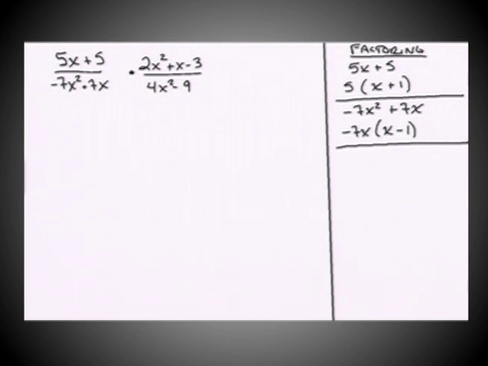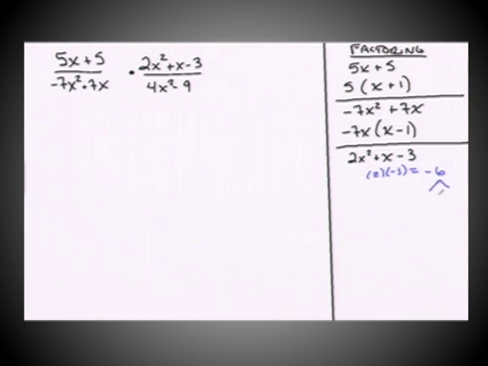Moving on to the second rational expression that we're multiplying with, we have 2x squared plus x minus 3. Okay, so I'm going to use the AC method of factoring with this particular trinomial. So I multiply a times c and get negative 6.